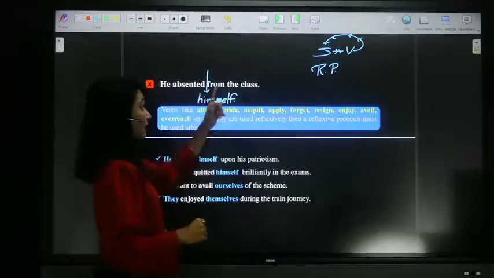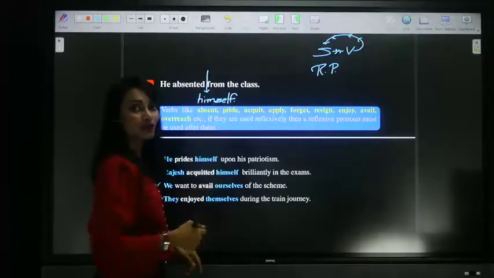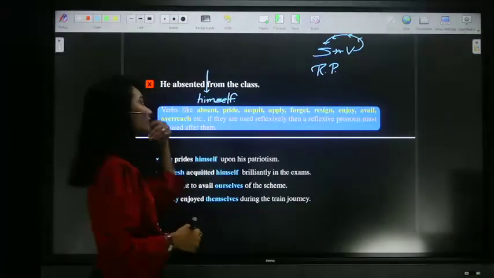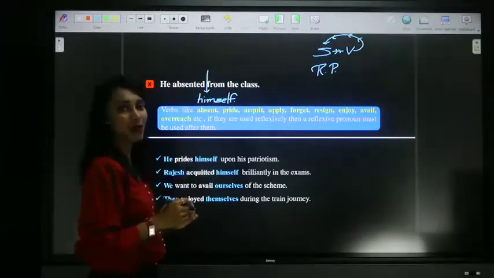Remember, reflexive pronouns are placed after the verb and emphatic pronouns are placed before the verb. So here we have a reflexive pronoun, hence himself must be placed after the verb absented.